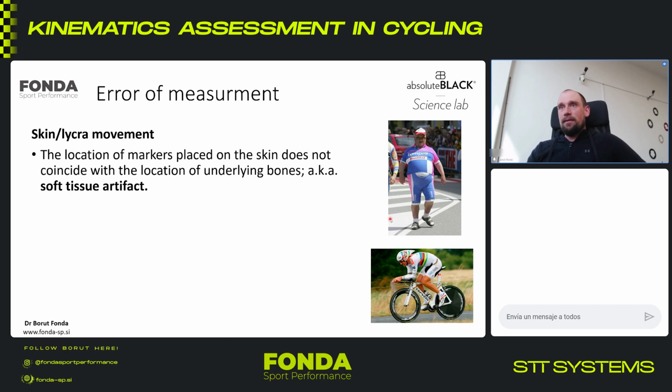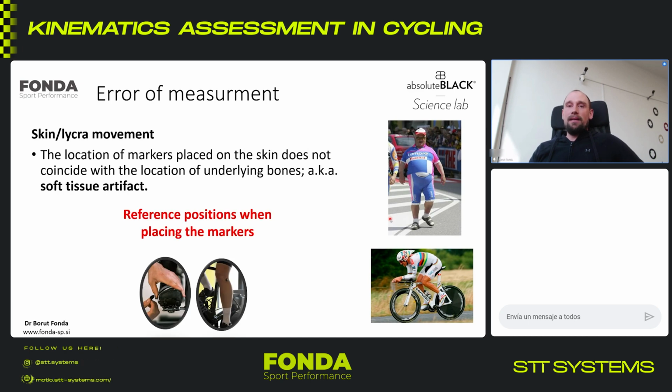So for example, one of the parameters that we're often using in bike fitting is knee angle at the bottom position of the pedal. So move the foot into the bottom position, try to replicate what's going to happen when pedaling, then locate your bony landmarks, and at that place you position the markers on the body. So that's one way to ensure this.